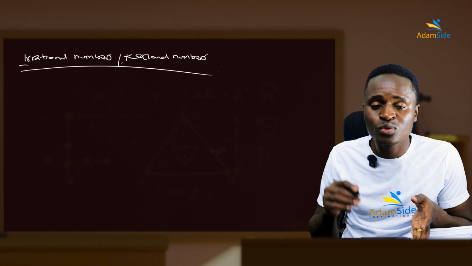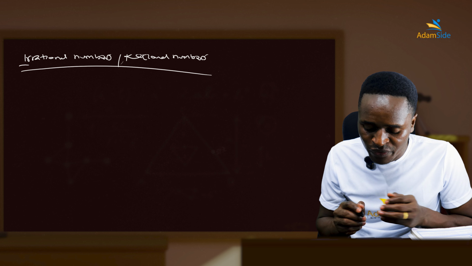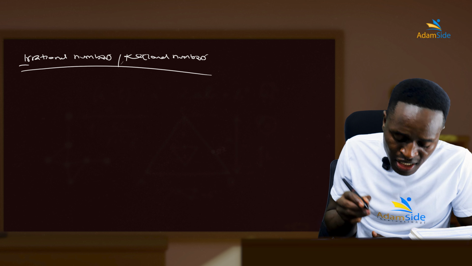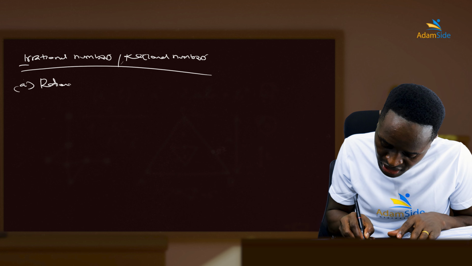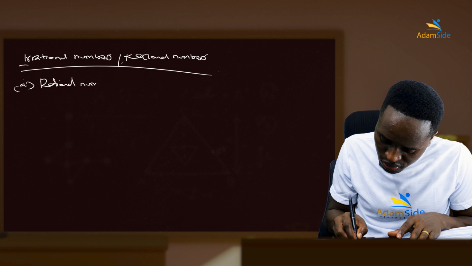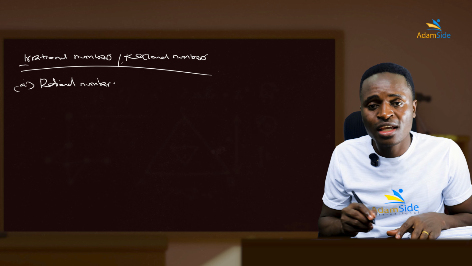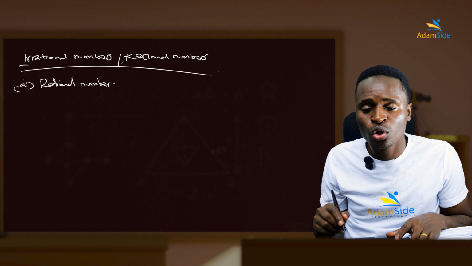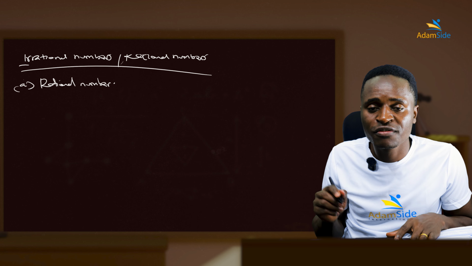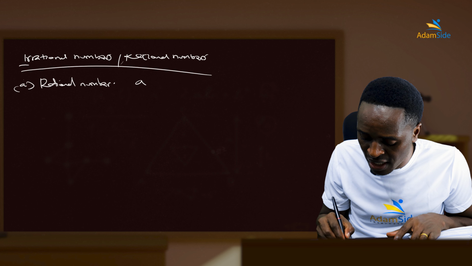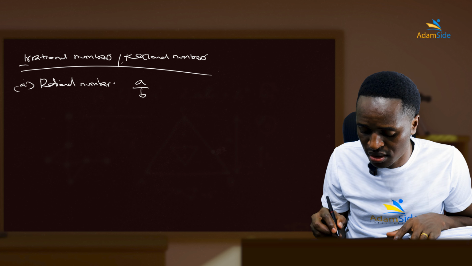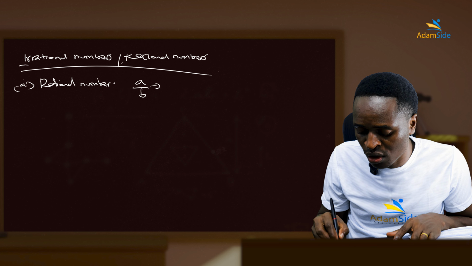What is an irrational number and what's a rational number? We need first to define what is a rational number. We say all numbers that are written in the form of a over b, and we know the form of a over b is a fraction.